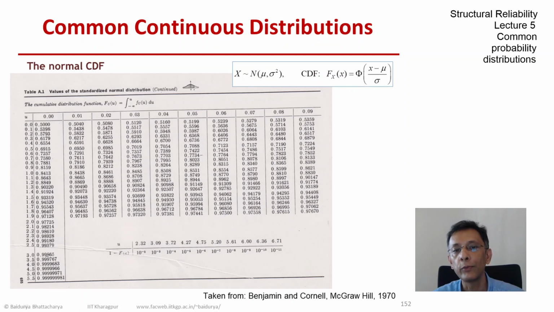So the CDF of 0.1 would be the negative value of that. So somewhere around negative 1.29, I would get the CDF of 0.1, and so on and so forth.